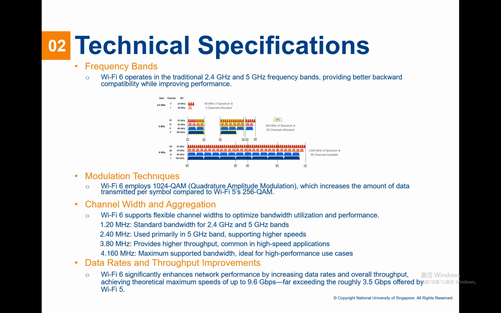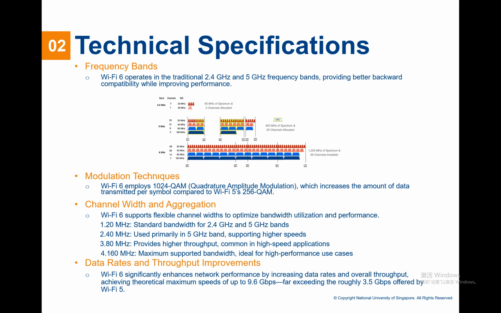For channel widths and aggregations, Wi-Fi 6 supports flexible channel width to optimize bandwidth utilization and performance. Number 1 for 20 MHz standard bandwidth for 2.4 GHz and 5 GHz bands.